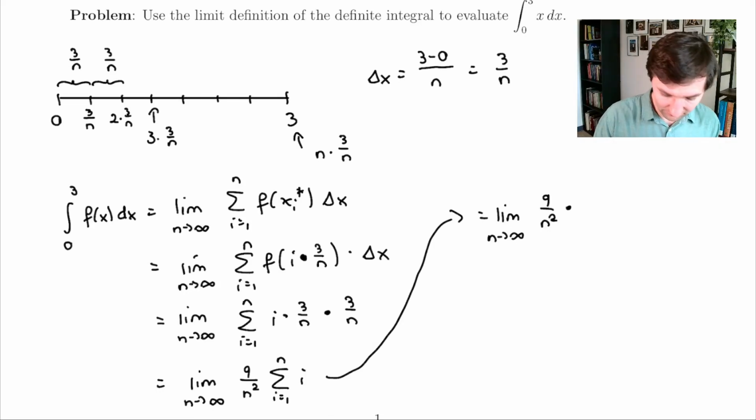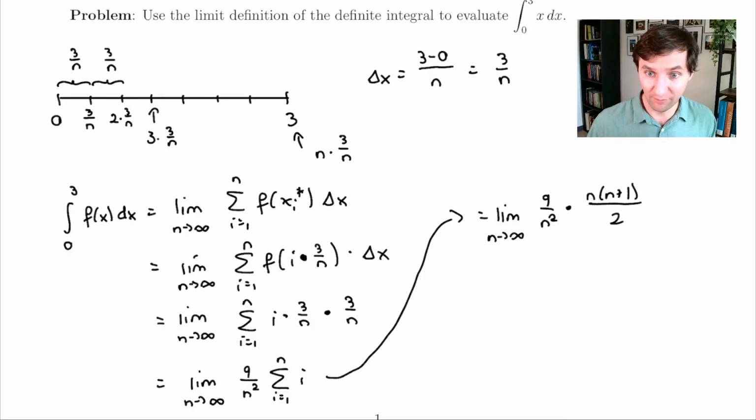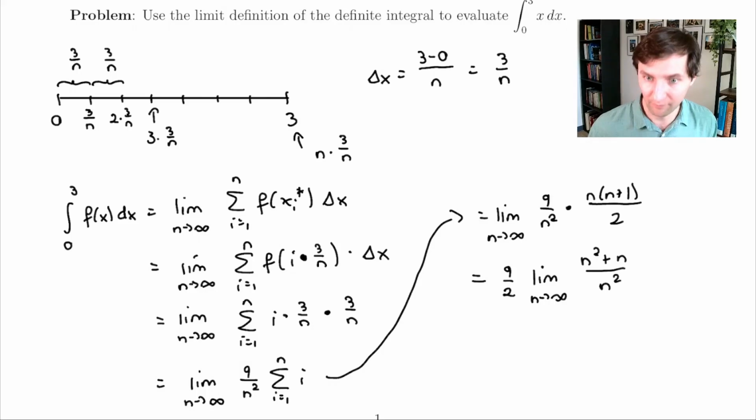And I get n times n plus 1 over 2. Let's simplify this. 9 is a number, 2 is a number. I can take those numbers outside of the limit, and I get 9 over 2 limit as n goes to infinity of, let's multiply the numerator, n squared plus n divided by n squared.